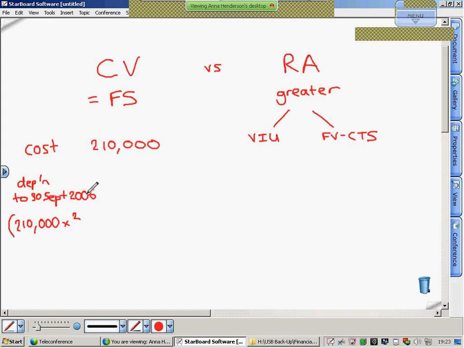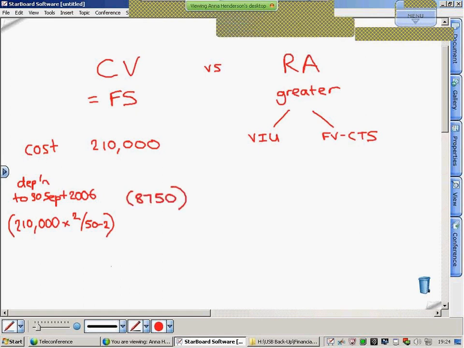Also needed to look at, it was a property that we're looking at. So the useful life of this was 6 years. So we're going to take off to get a depreciation charge of 8,750.